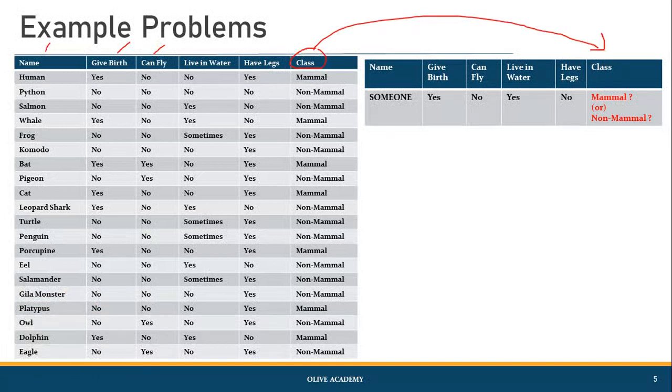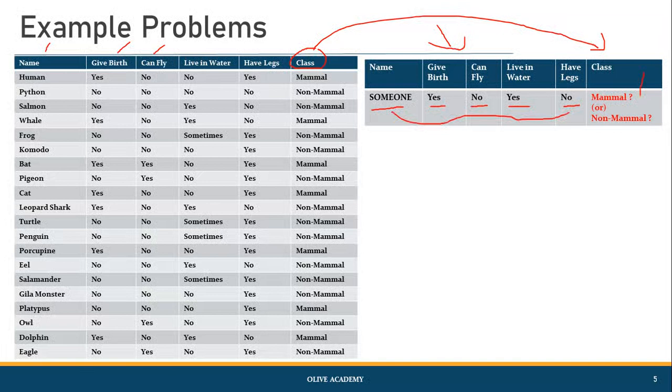Here we have been given a data set of 20 rows, but the 21st record is someone who can give birth, who can fly, who can live in water, who has legs, but we don't know the classification yet. So what is the probability that this combination is a mammal or a non-mammal?